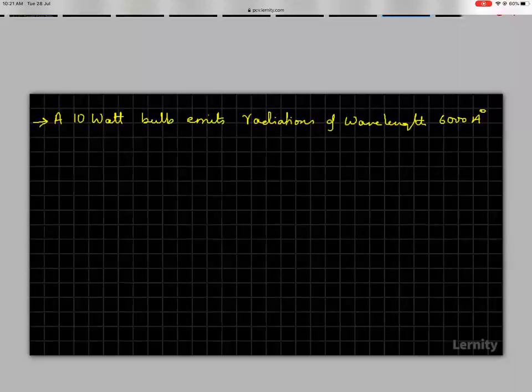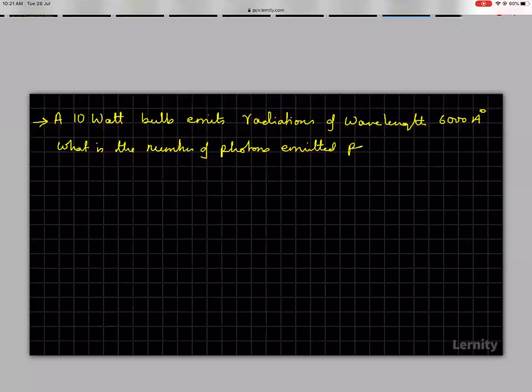The question is, what is the number of photons emitted per second?